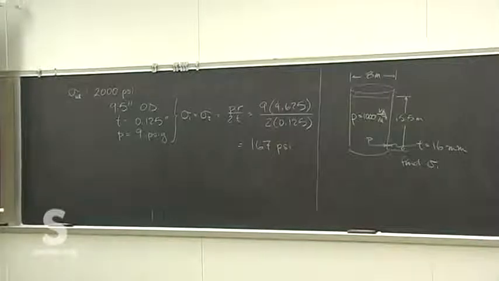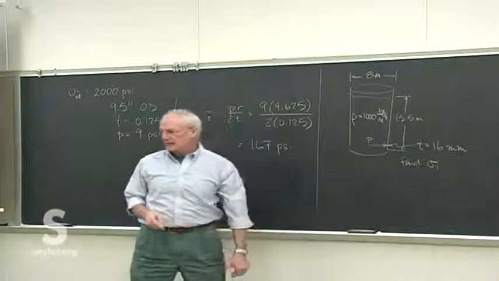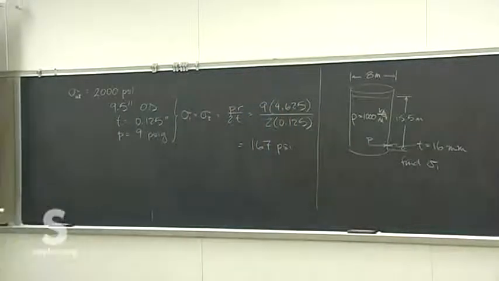And we're assuming the top is open, so it's open to atmospheric, so this would be the gauge pressure at the bottom. Let's see who remembers how to figure out the pressure at the bottom of the fluid column.